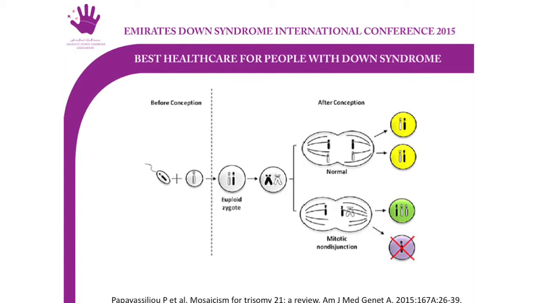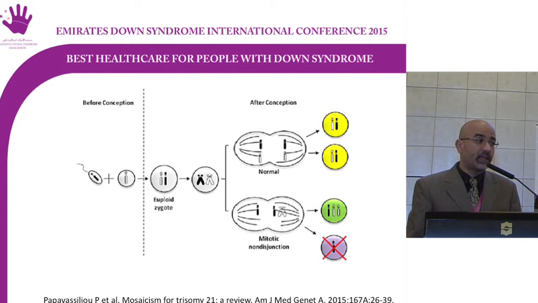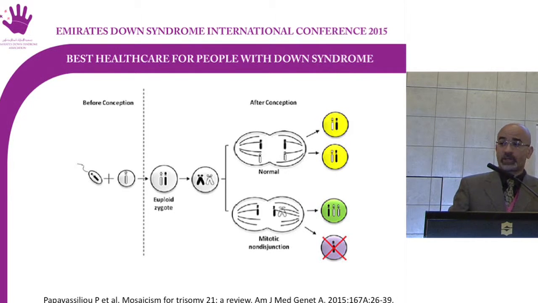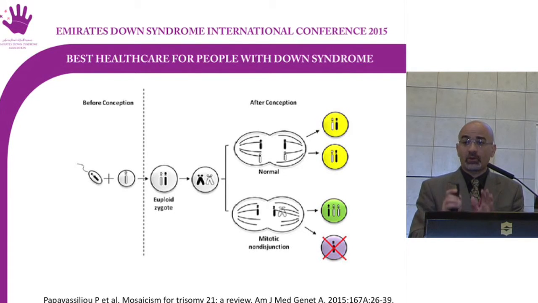So we will have a mixture of cells that have trisomy 21 and cells that have the normal 2 copies of chromosome 21, and it depends on how early this abnormality takes place, whether all cell lines will be affected, or just a single cell line, or only limited cells will be affected.